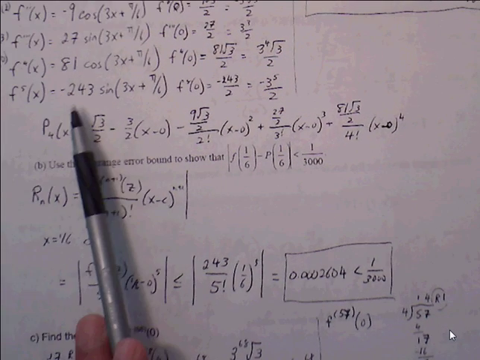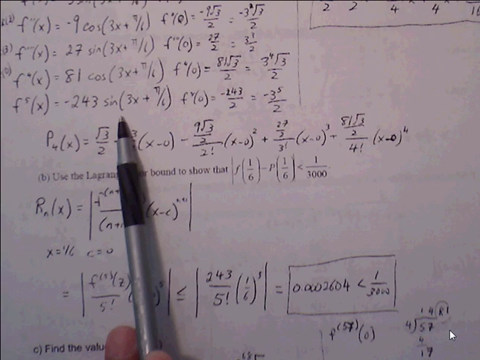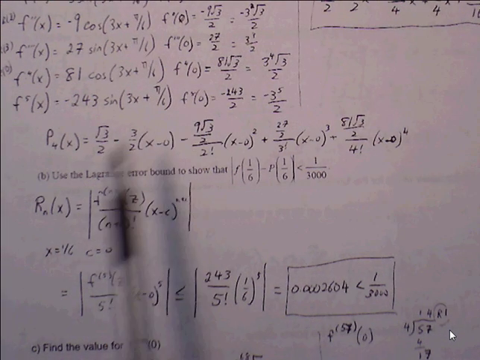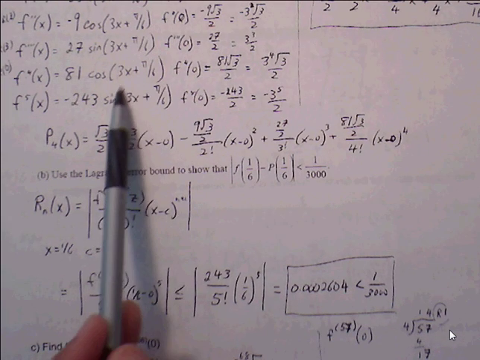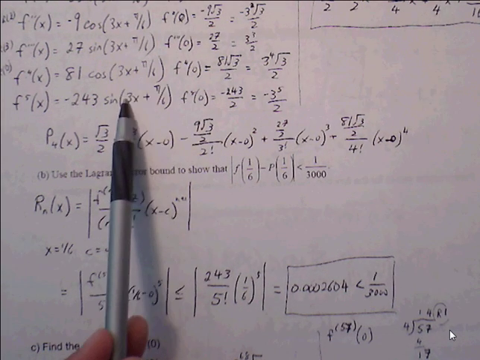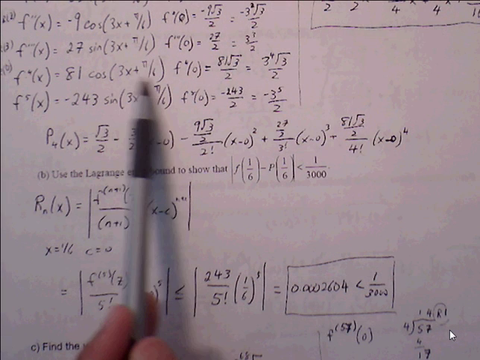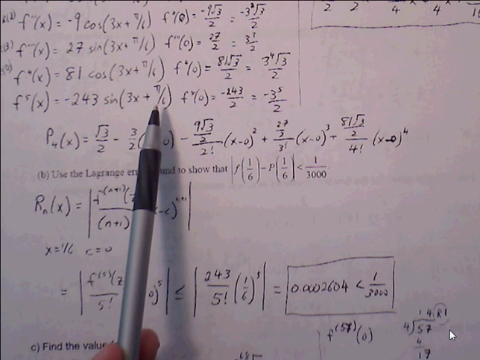Here's the fifth derivative, which is negative 243 sine of 3x plus pi over 6. No matter what the x value is, even if we increment it to infinity, the sine of our u value will keep oscillating between -1 and 1.